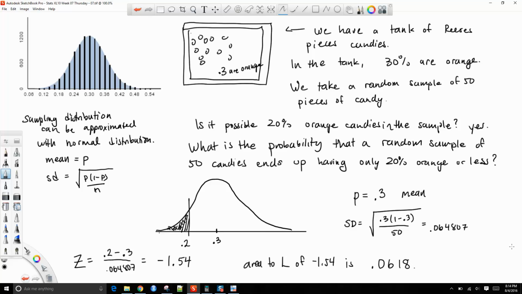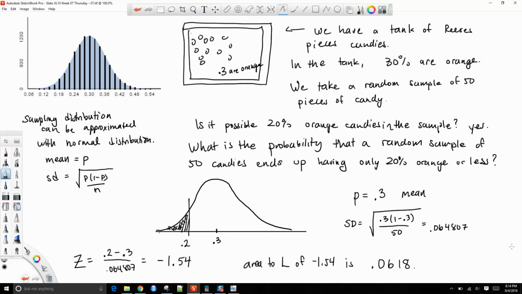It means if the tank is exactly 30% orange, when I take a random scoop of 50 pieces of candy, is it possible that only 20% of them end up being orange? Yeah, it's possible. How often does that happen? It happens only about 6% of the time. So it doesn't happen that often, but it does happen.